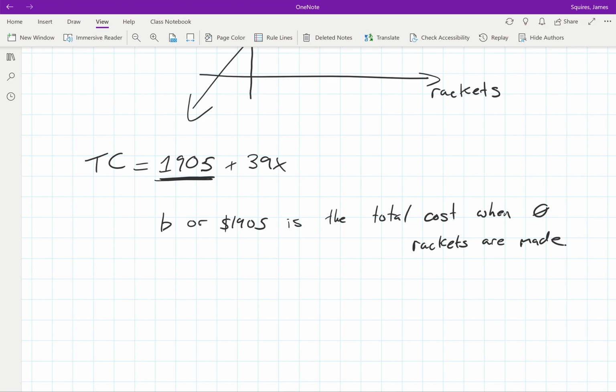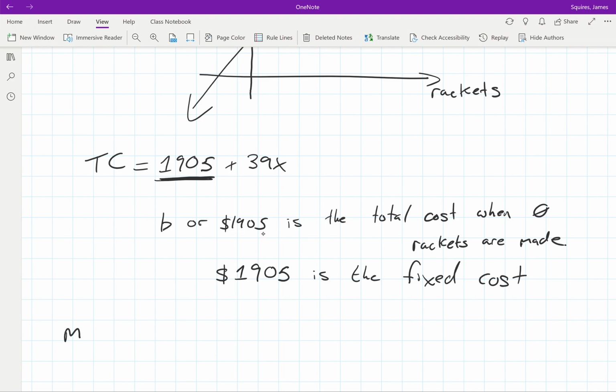Or another way to say this is the 1905 is the fixed cost. That's how much it's going to cost this company on a daily basis to produce rackets if it produced 0 rackets. Or that's just what we call the fixed cost.